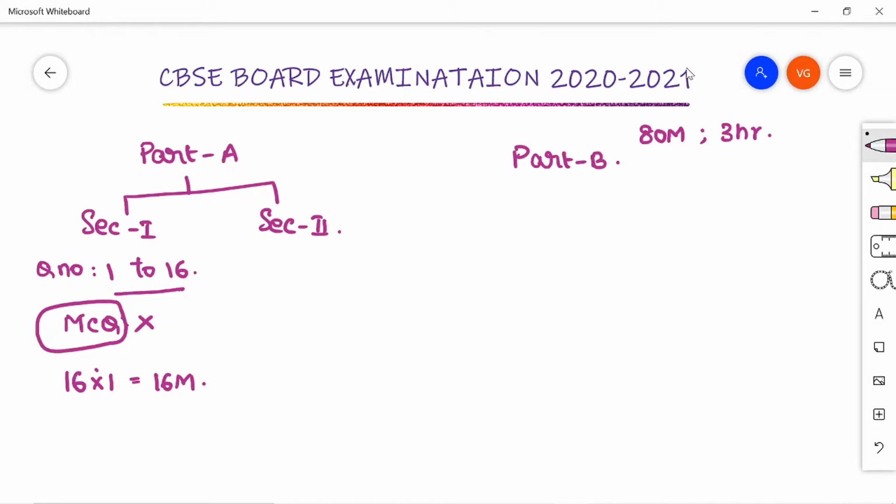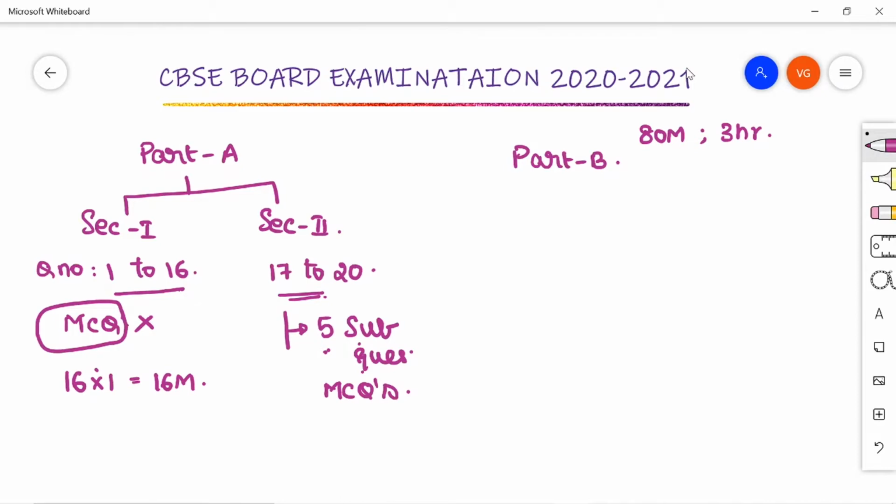Coming to section 2, it has 4 questions, that is question number 17 to 20. All the 4 questions here are case study based questions. Each question has 5 sub questions, right? Each of the 5 sub questions again has options here. So all these questions are MCQs.